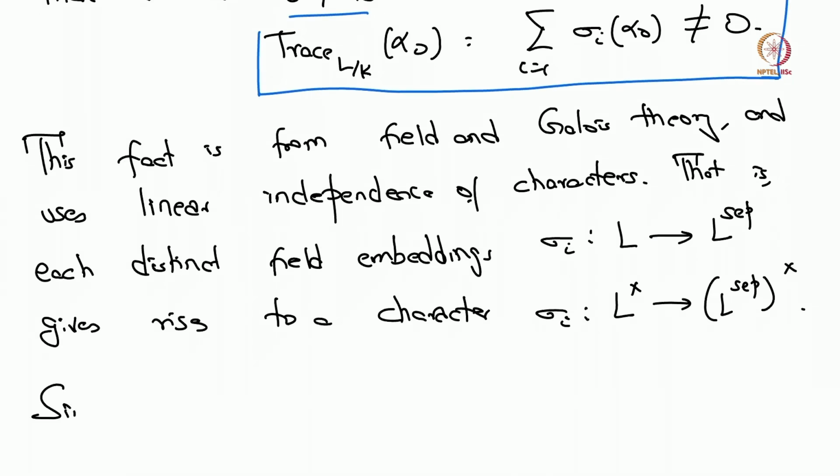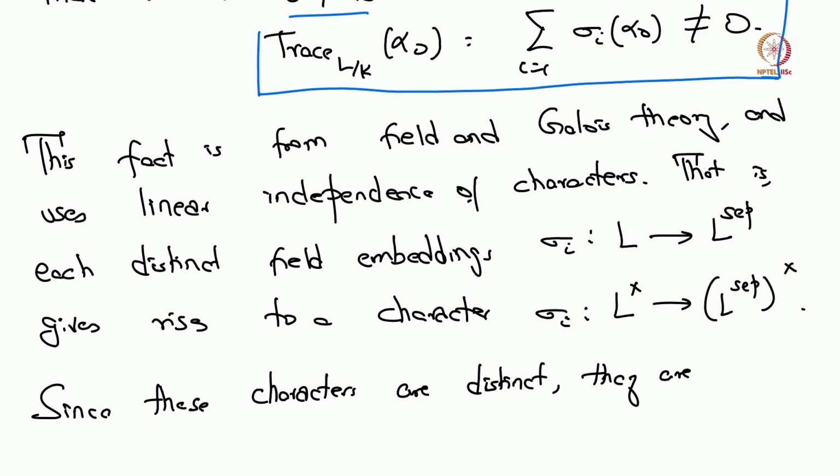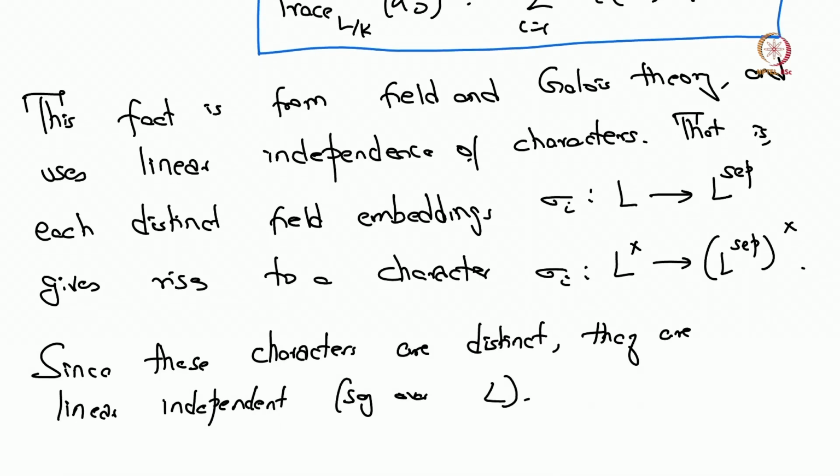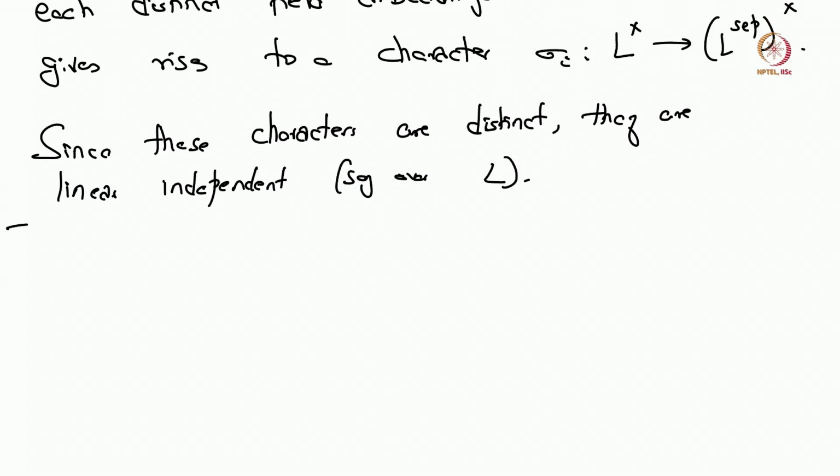Since these characters are distinct, they are linearly independent, say over L. And this fact essentially allows you to show that the trace function is non-degenerate when you have a finite separable extension.